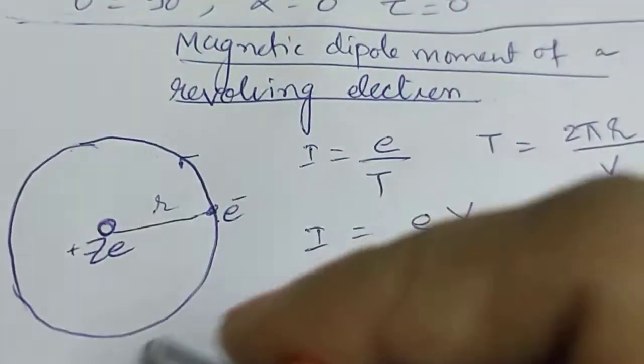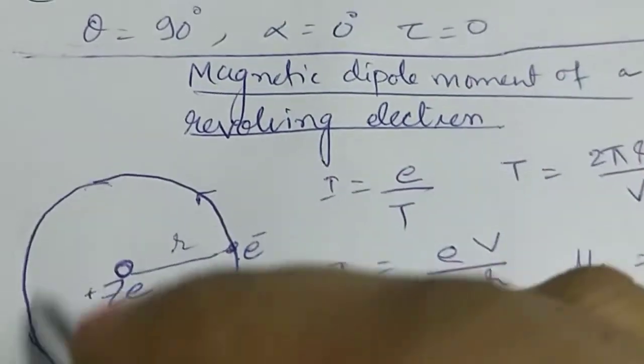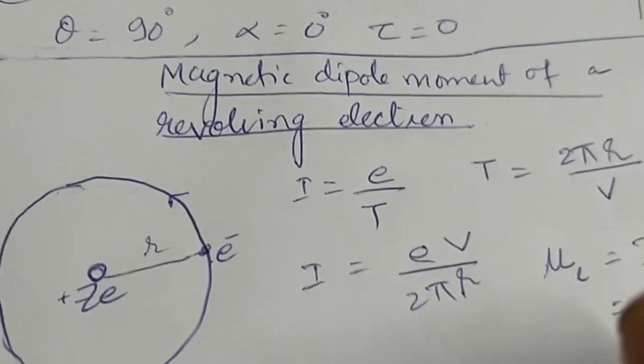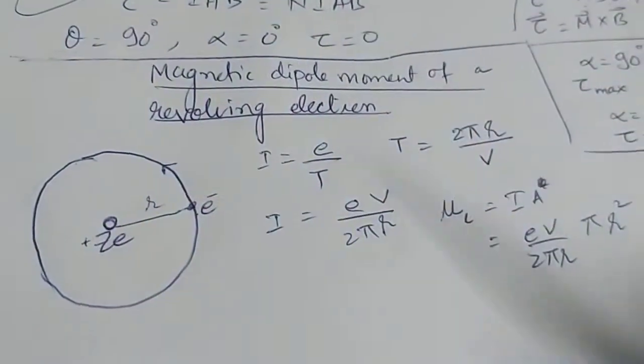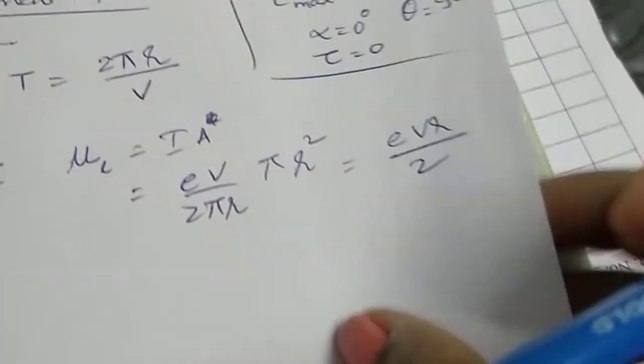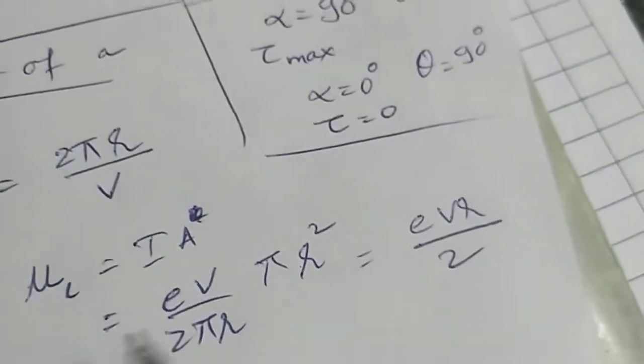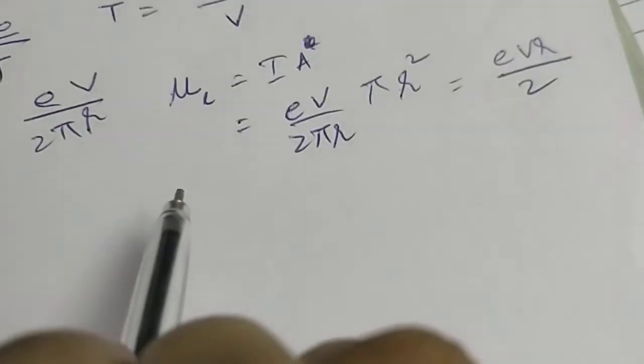If the direction of current is clockwise, it is a south pole. If the direction of current is anti-clockwise, the face acts as a north pole. So here, if the electron is moving this way, the current will be clockwise. So this side will act as the south pole, the opposite side will act as the north pole. So the magnetic dipole moment will be from south to north, downwards. That's how we get to know the direction of the magnetic moment.